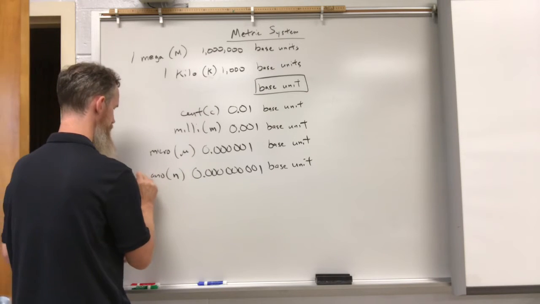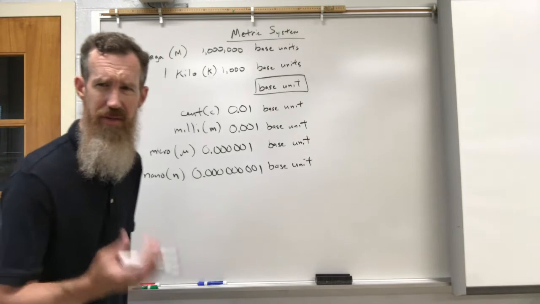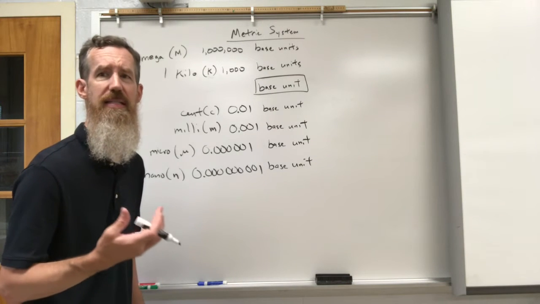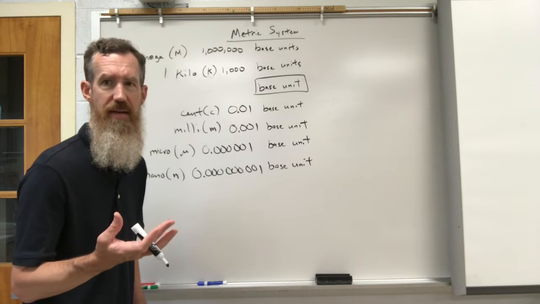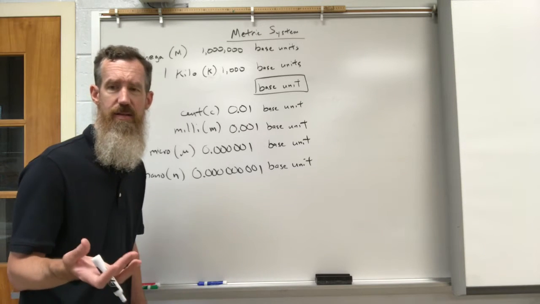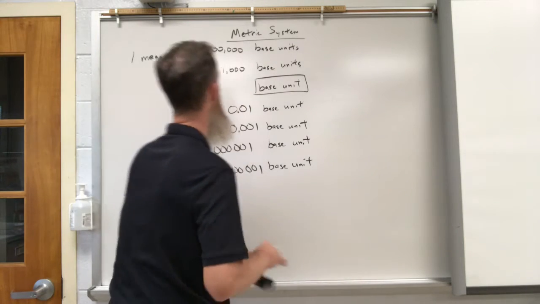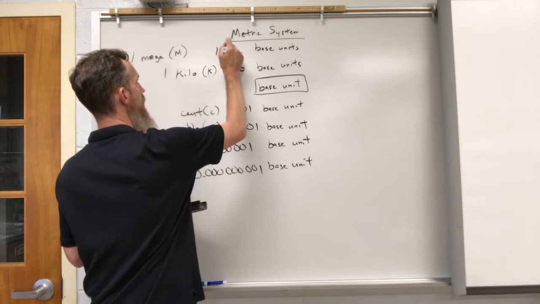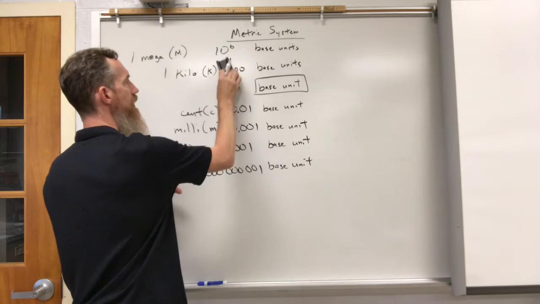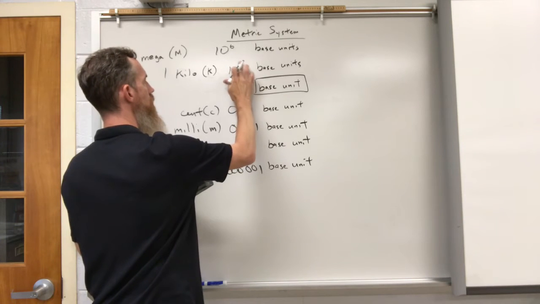Now, some textbooks, they won't even write the numbers fully. They'll write these as powers of 10. Because that's the whole thing about the metric system, right? It's all based on powers of 10. So instead of 1,000,000, they're going to write the equivalent. They're going to say, well, it's 10 to the 6th. A kilo, they're going to write 10 to the 3rd.